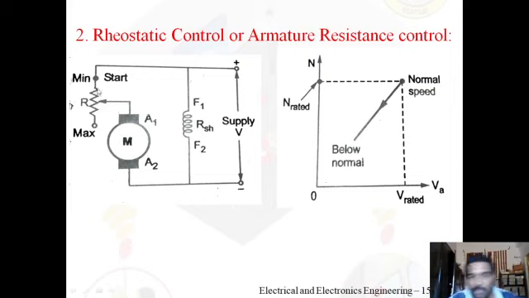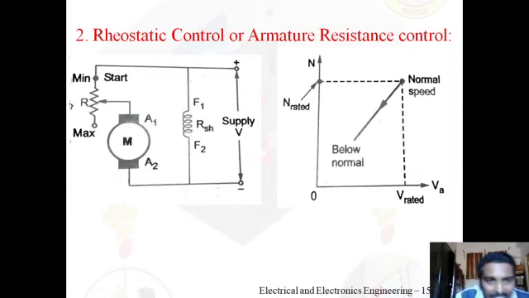I can consider that drop as the IaRa drop. The IaRa drop is the drop in the armature resistance. Other than the IaRa drop, we have another drop, the Ia R drop, which takes place in the external resistance added in the armature circuit.